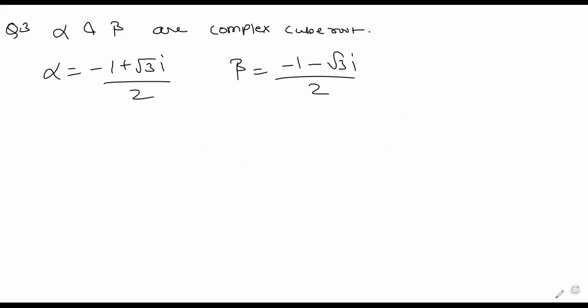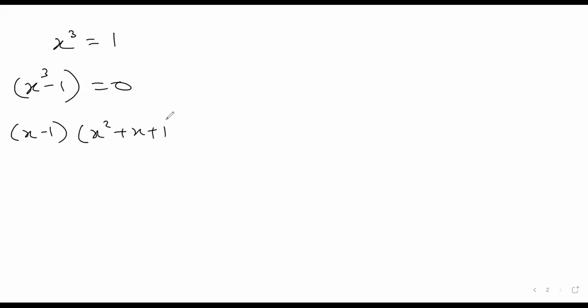Because we have already proved that if x is a complex cube root, so x cube is equal to 1, and x cube minus 1 is 0. It will be x minus 1, x square plus x plus 1 is equal to 0. So x is either 1 or x is minus 1 plus minus root 3i upon 2.